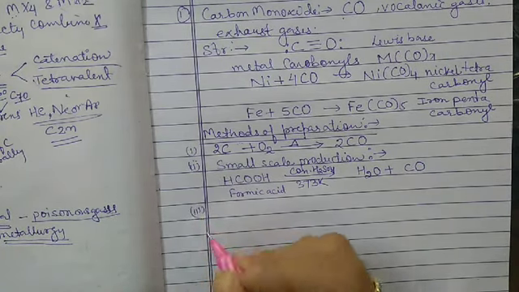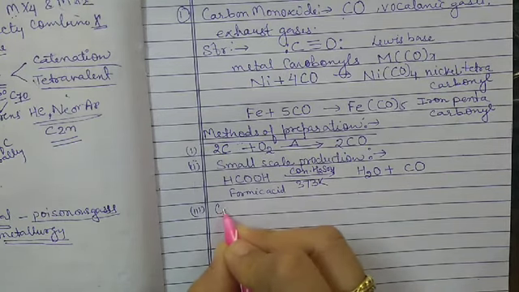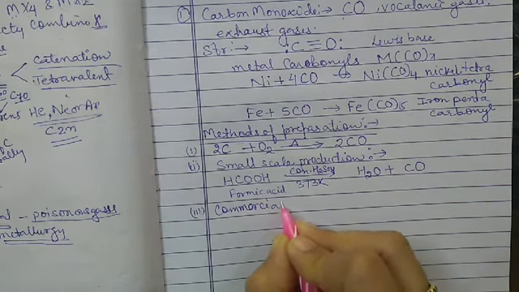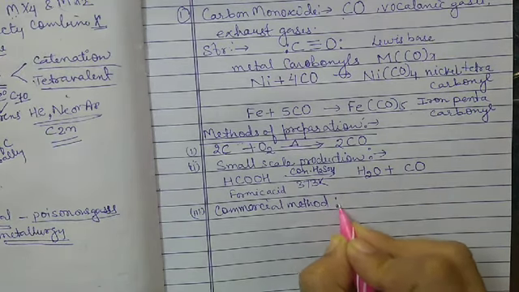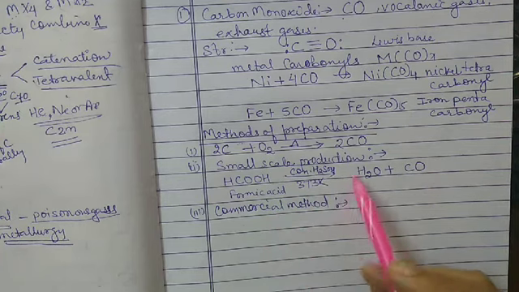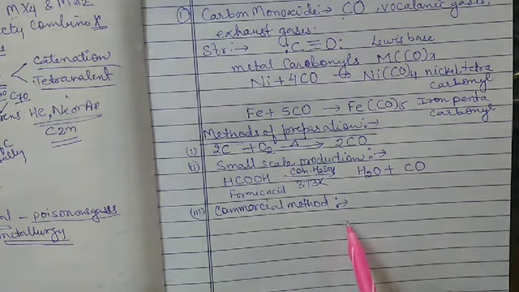Now the third important method is the commercial method. On a commercial scale, it is obtained by passing steam over red hot coke.